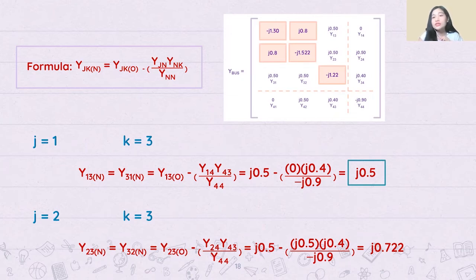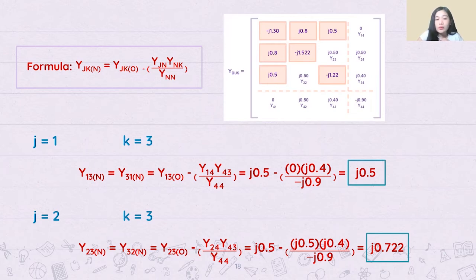Substituting once again the values in the matrix, j 0.5 minus j 0.5 times j 0.4 all over negative j 0.9. And it will be equivalent to j 0.722. So, substituting once again dun sa ating value to get the new values inside our matrix, ang ating y sub 1,3 and y sub 3,1 will be equivalent to j 0.5.